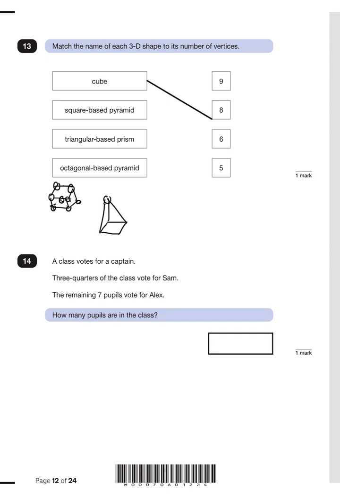We've got 1, 2, 3, 4, 5. Triangular based prism. 1, 2, 3, 4, 5, 6. By process of elimination, octagonal based pyramid should be 9.